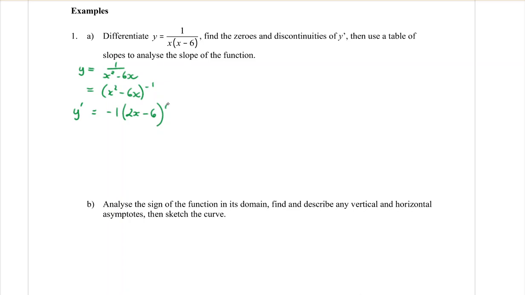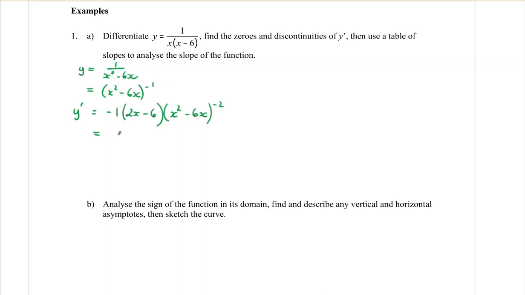Then you multiply that by the original bracket, x squared minus 6x, and subtract 1 from the power, which will become a negative 2. Now, that's a bit of an unusual way to see that. We'd probably want to put that back into a positive power for the final result.